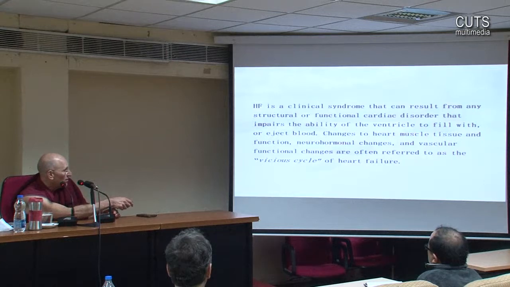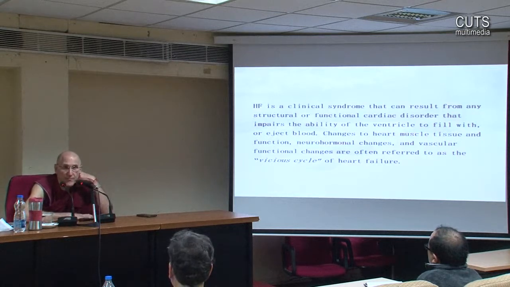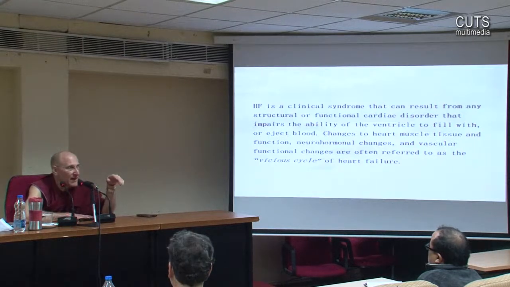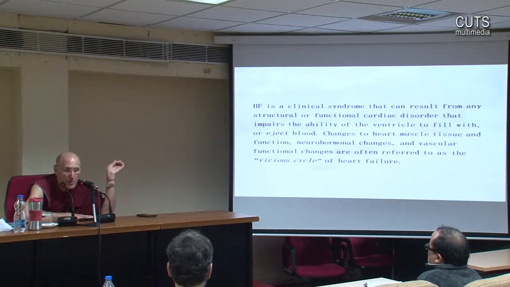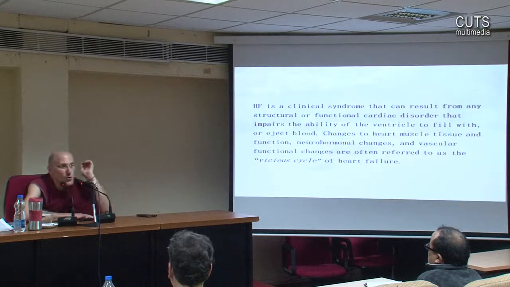What are hormones? You guys have raging hormones at your age, men and women. Those are the sex hormones, estrogen, testosterone. But these are not the sex hormones. This is the neurohormones. So what are the neurohormones?